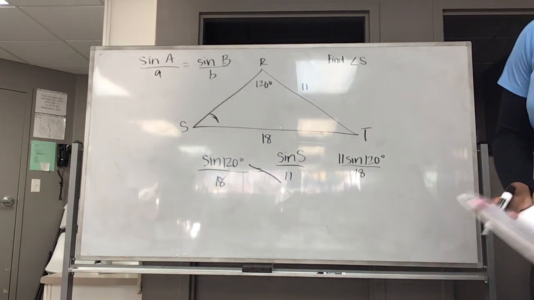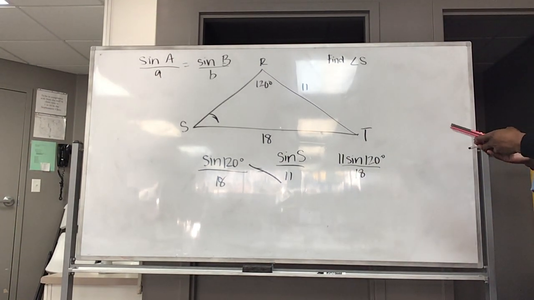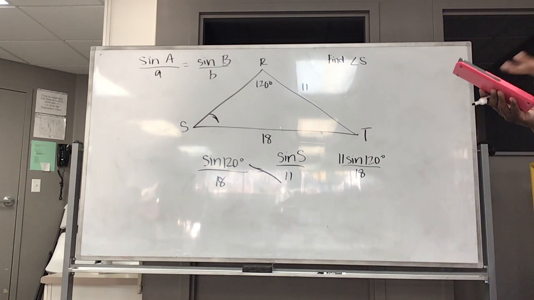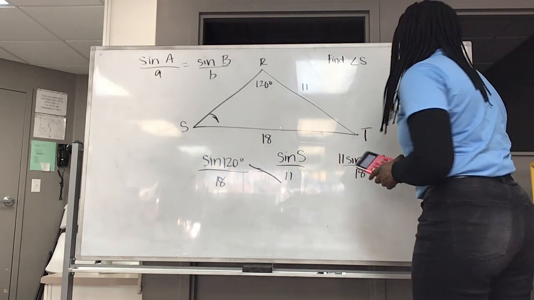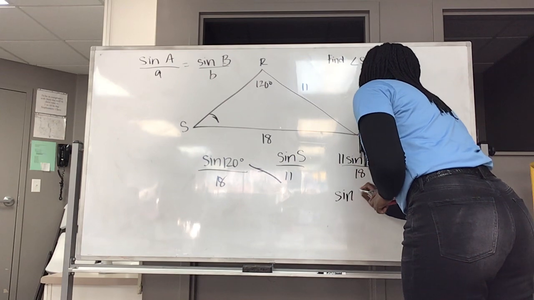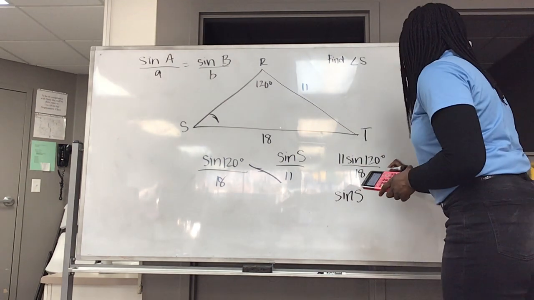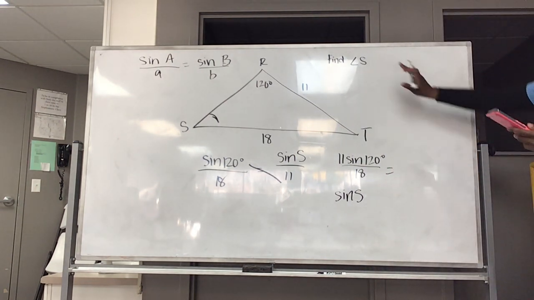So if you type that in your calculator, you'd get a decimal, 0.529. But that actually isn't our answer, because that's equal to sine of S. They equal each other. But we're actually looking for just angle S.